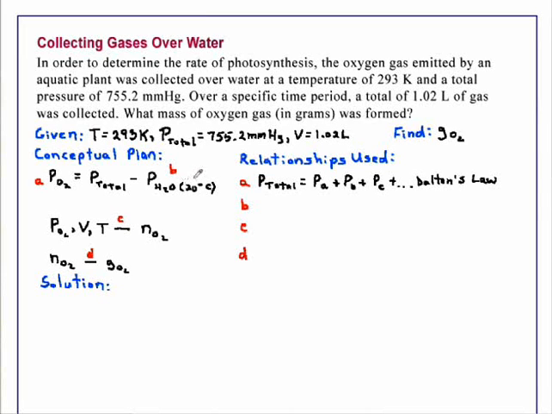Now this vapor pressure is determined only by the temperature. In this case it's 20 degrees C, so we can look up in a table of vapor pressure versus temperature and find that the vapor pressure of water under these conditions is 17.55 millimeters of mercury.